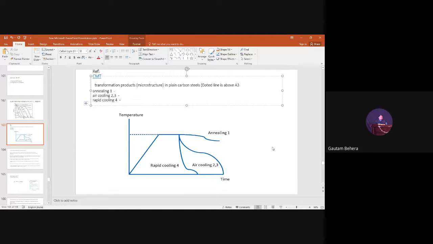Saloni, can you answer this one? For this curve, Saloni? Pratiksha, Saloni? Okay, Rameshwari, can you answer?